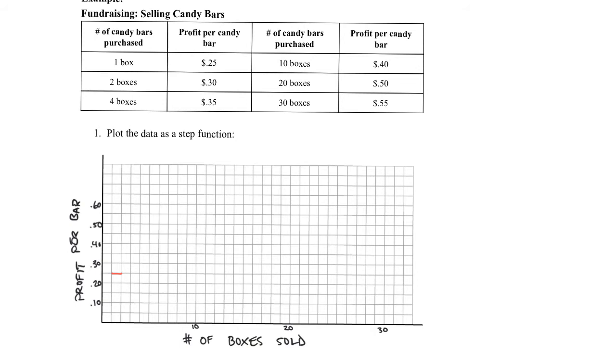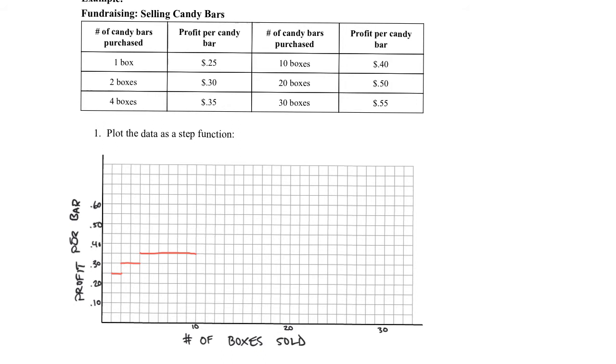My next step is going to run from 2 to 4, and it's at 30. So I'm going to jump up to 30 from 2 to 4. So this is 2, 3, 4. And then from 4 to 10, I'm running at 0.35. So I'm going to jump up to 0.35, and I'm going to go from 4 all the way to 10.